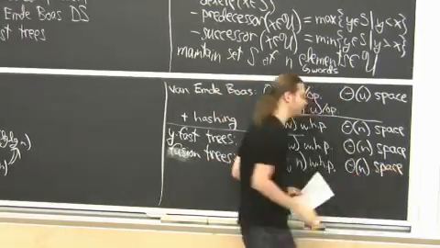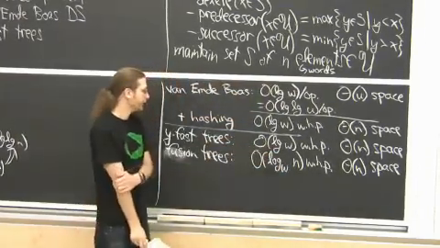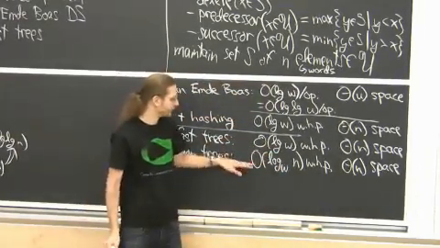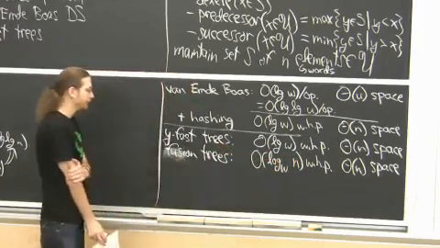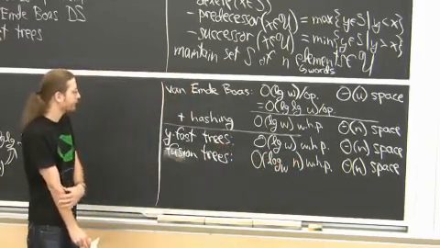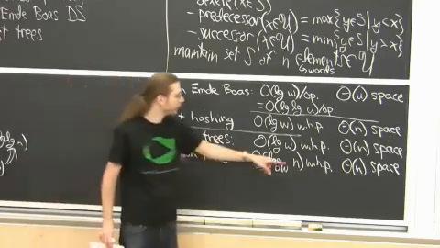The original fusion trees are static, and you could just do log base W of n deterministic queries. But there's a newer version that's dynamic, achieves this using hashing for updates, insertions and deletions.